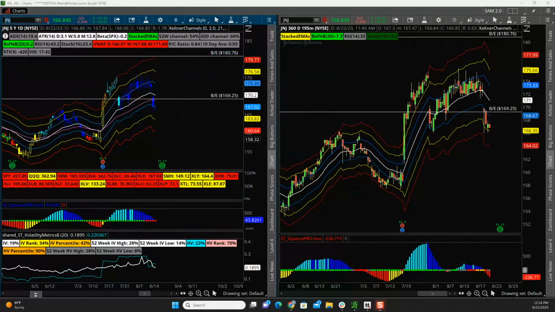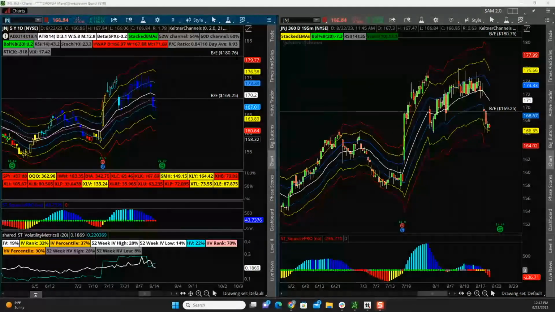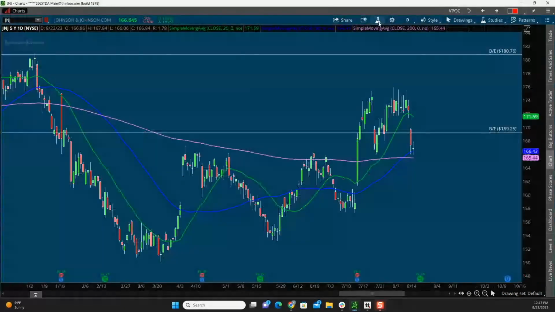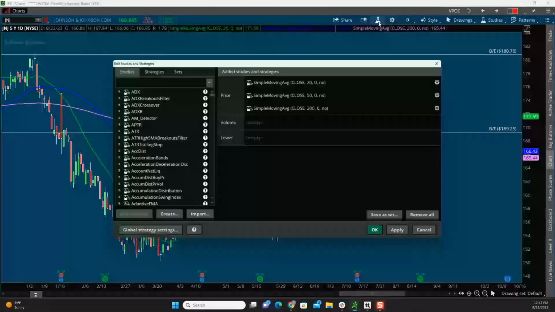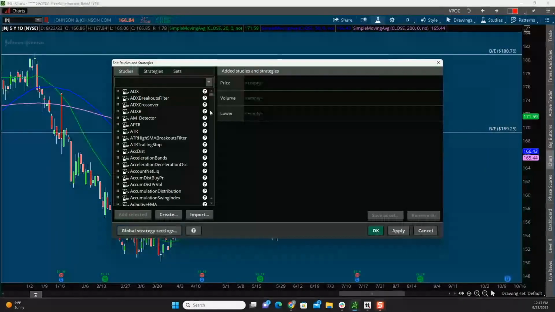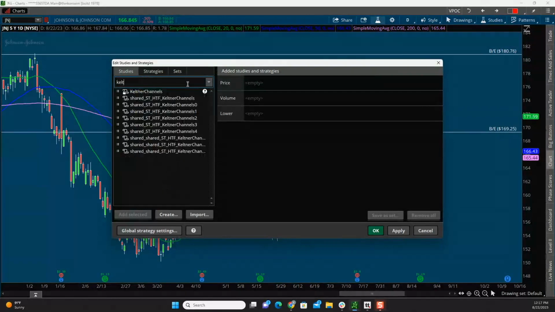Now, if you have all of those, how do you set up this chart? So what I do is I'll just grab this one. First things first, I have the calendar channels. I'm going to add 3 of those.